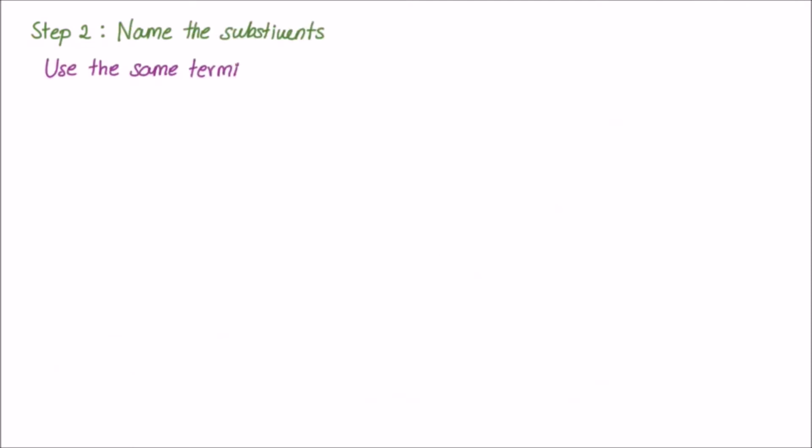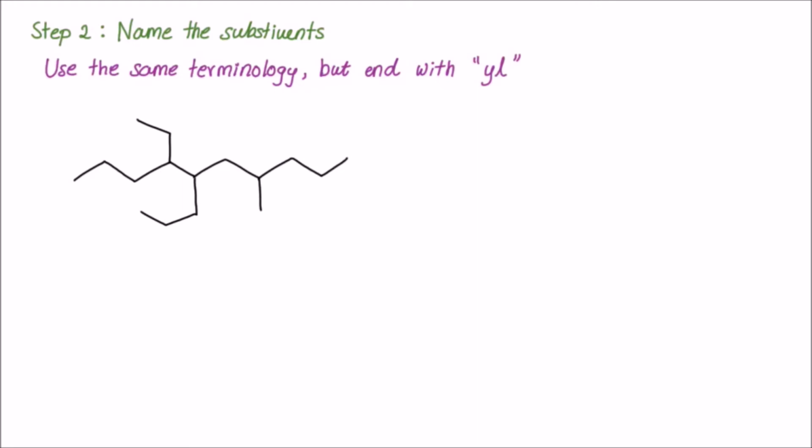Step number 2 is name the substituents. The name of the substituents should end with the suffix -yl. For example, we have this compound, so that's the parent chain. Step number 2 says name the substituents. We have the first substituent that has two carbons.